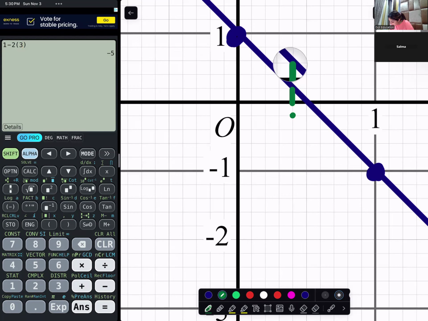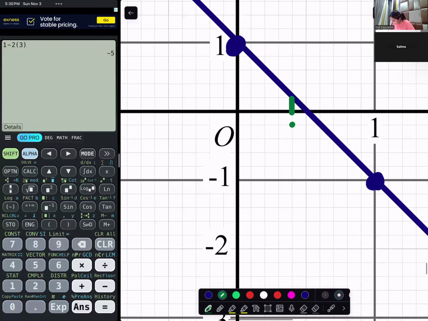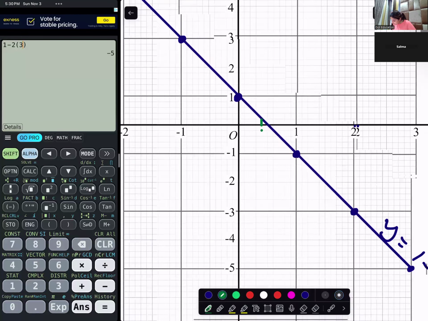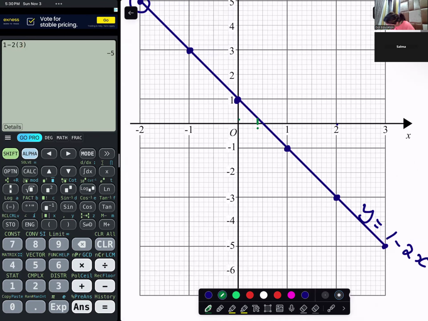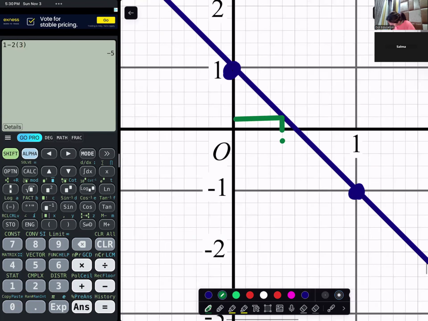I have to use the line. So if my x is 0.4, my y is over here. So my y will be 0.1. So the coordinate of this point over here is x is 0.4, y will be 0.1.